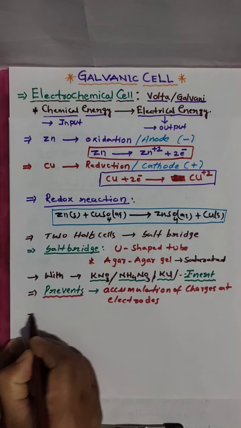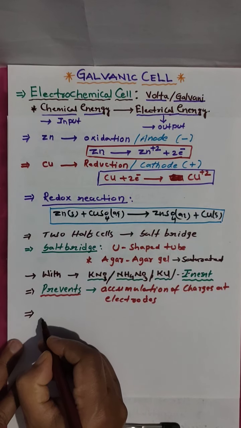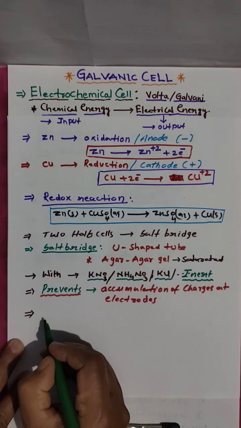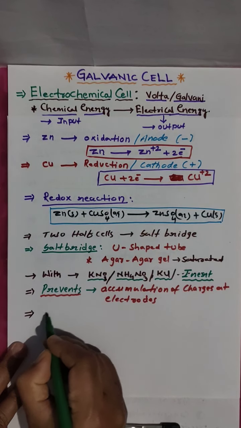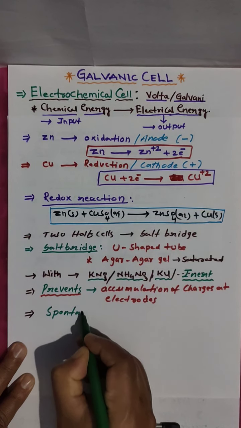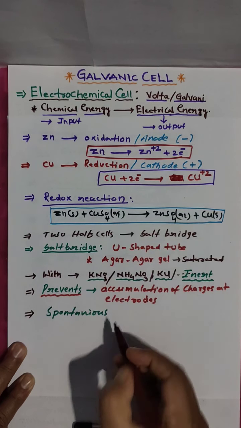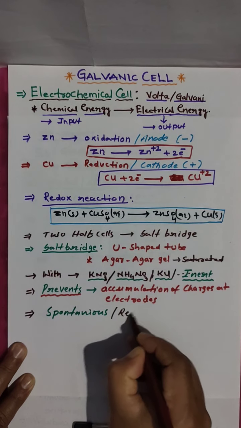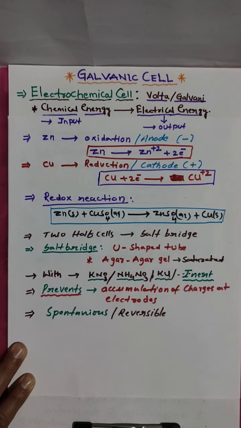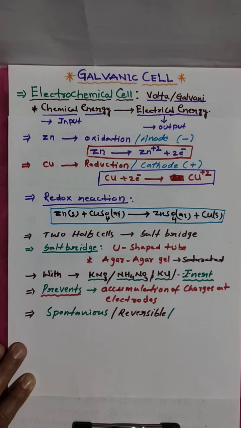Here are a few more things you have to remember for competitive exams. In a galvanic cell, we are not using any external EMF. That's why the reaction that takes place here is spontaneous. Remember, it is a spontaneous reaction, and it is reversible also. Very important for competitive exams. And it is a redox reaction.